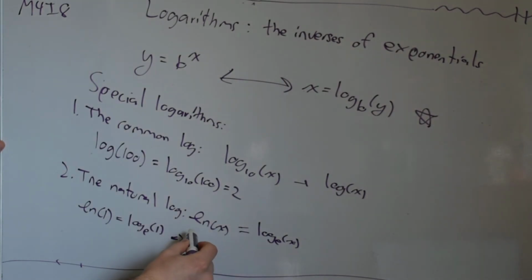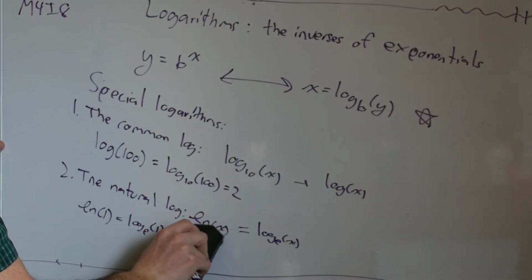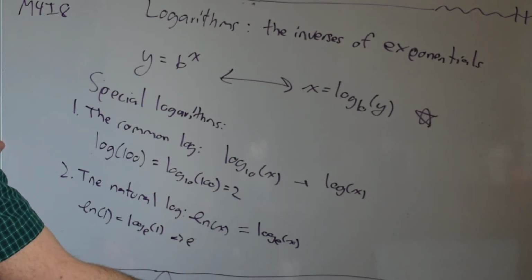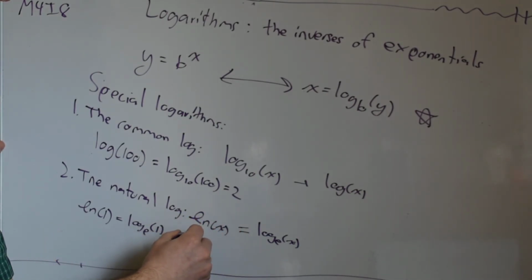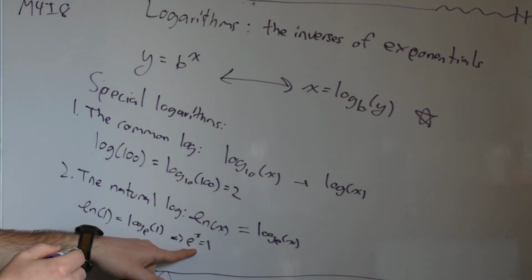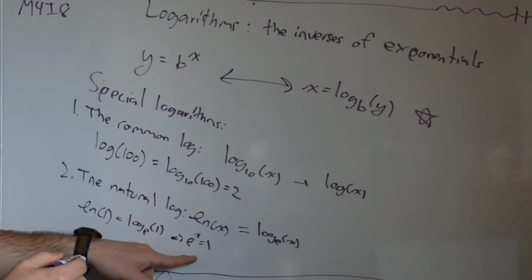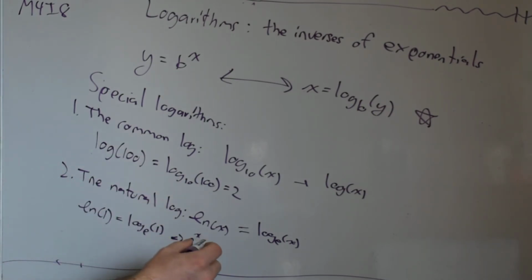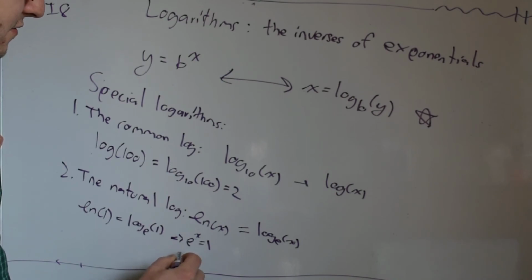So we want to know what number we raise e to, to get 1. I'll make it an x. So what number do we raise e to, to get to 1? Well, it's actually the same for every number. It's 0. So e to the 0 is 1.